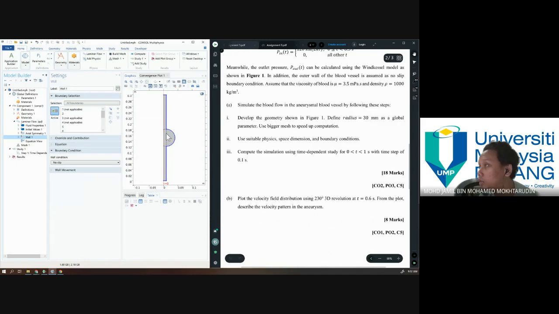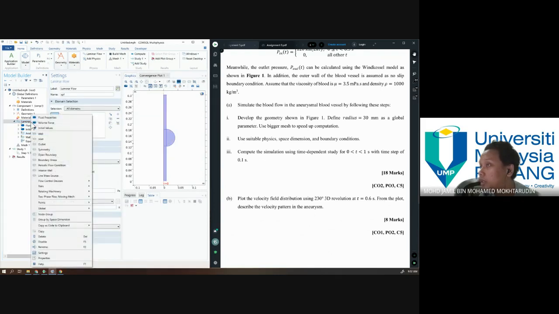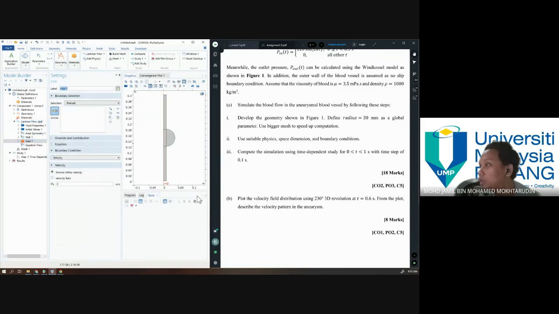Okay, the wall is correct here, and then as this is symmetric, now we can set the inlet and outlet. So we start with outlet. No, inlet first. Outlet seems difficult. So maybe we set inlet here.